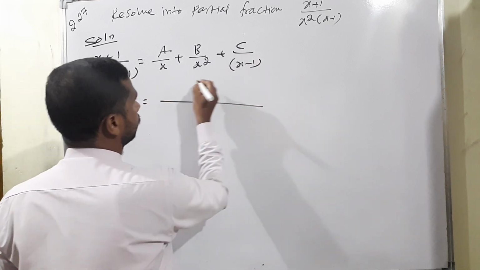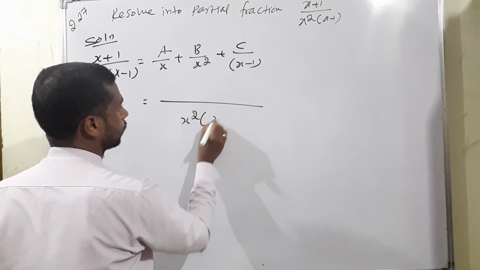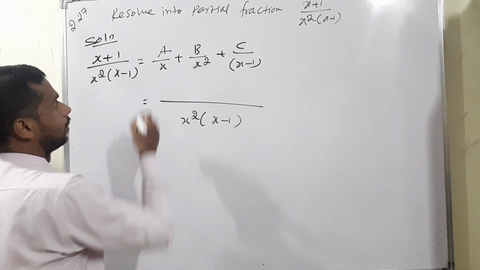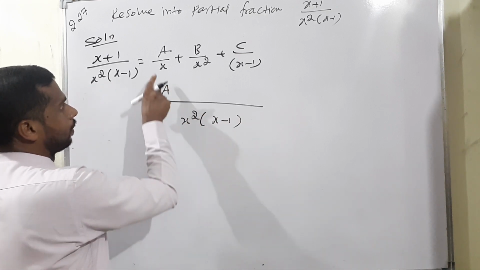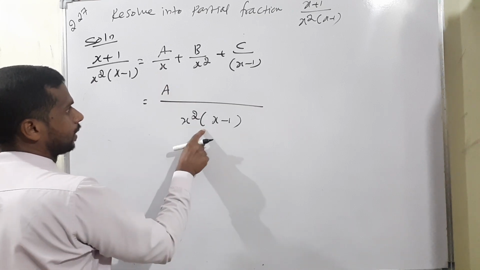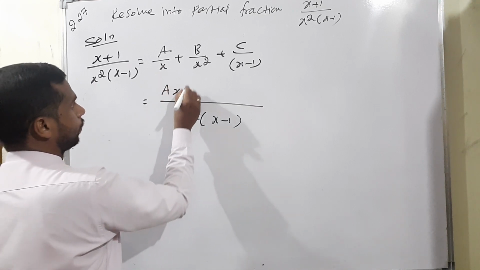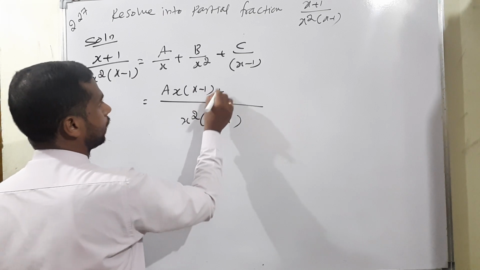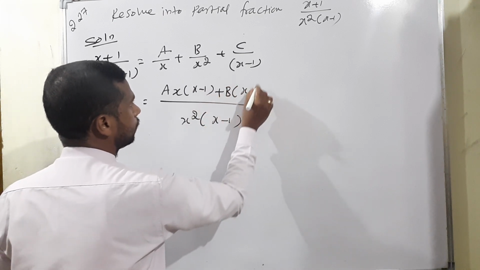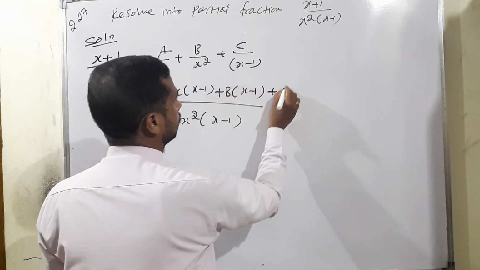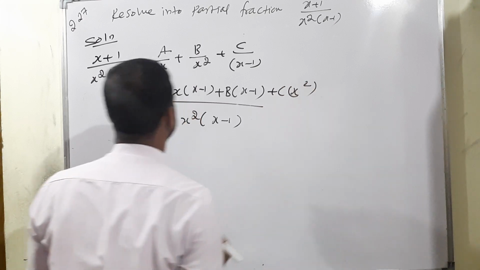Now the common factor is x square of x minus 1. The first term, x square into x minus 1 divided by x, means one x will be cancelled. Therefore ax into x minus 1 plus b into x minus 1 plus c into x square.